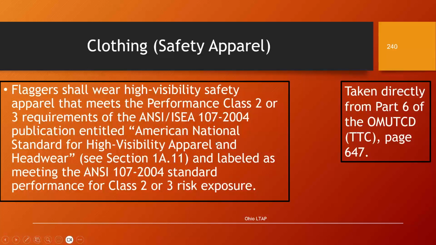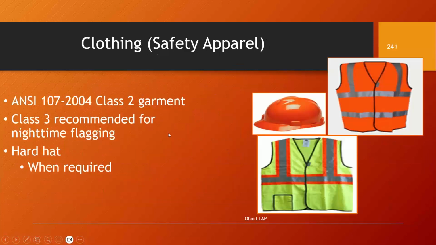Your apparel should have a tag on it that says that it complies with that. That paragraph is taken directly from the manual on page 647. Here are some examples of approved apparel.